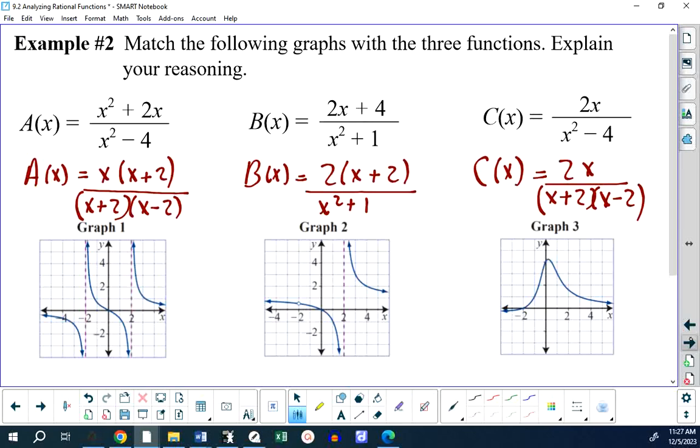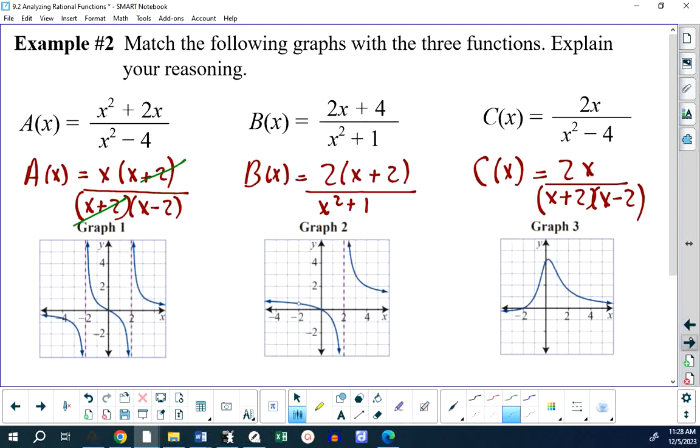The point here, everybody, is not to know exactly what the graph of each of these three functions looks like in excruciating detail. The thing is to look at function A and recognize there are two non-permissible values for A, but at the non-permissible value of -2, there will be a hole or a point of discontinuity.